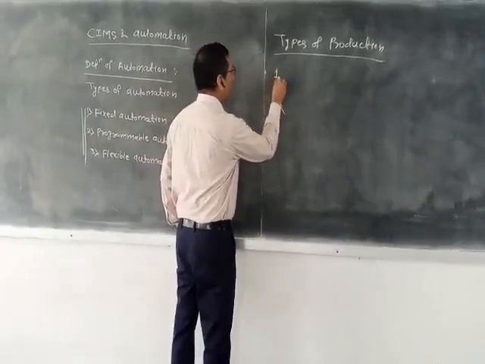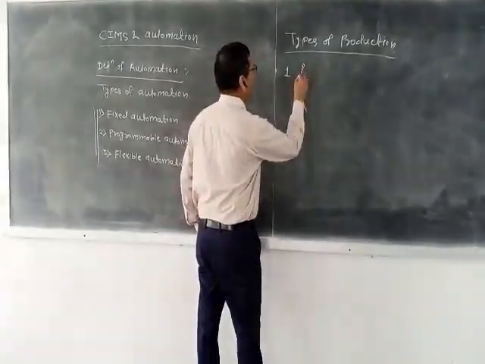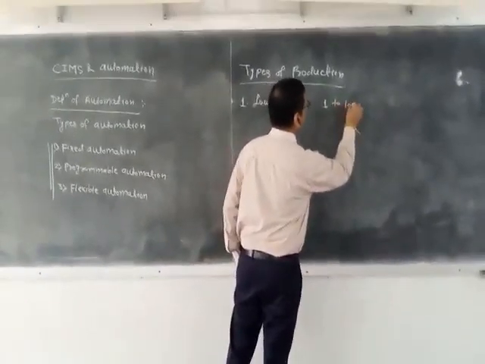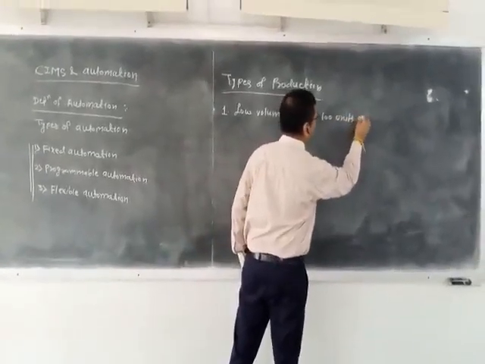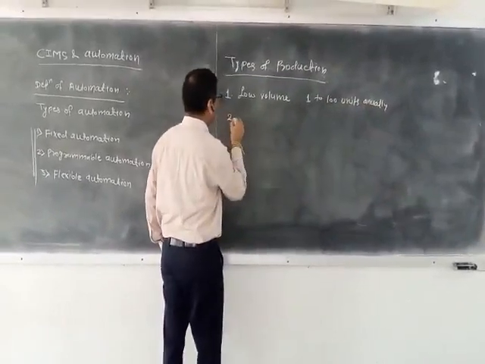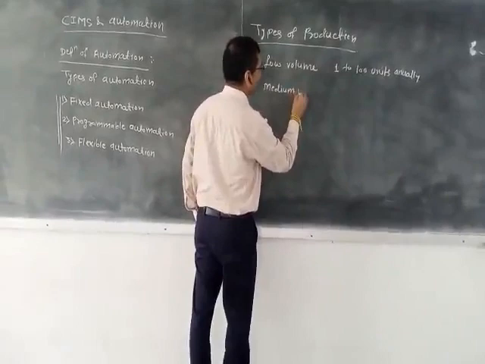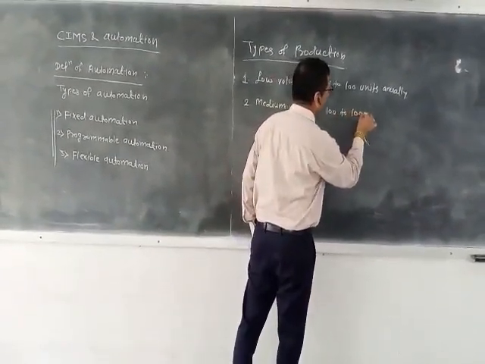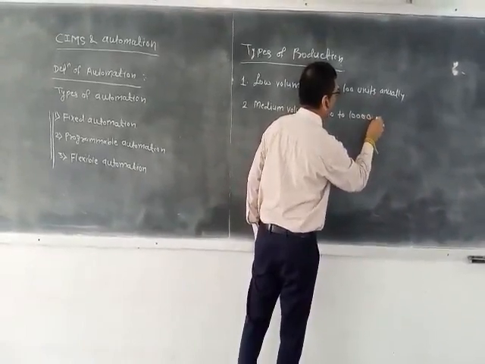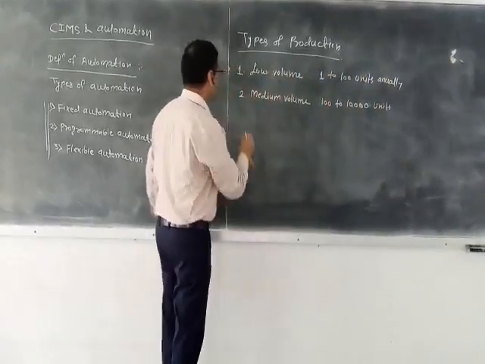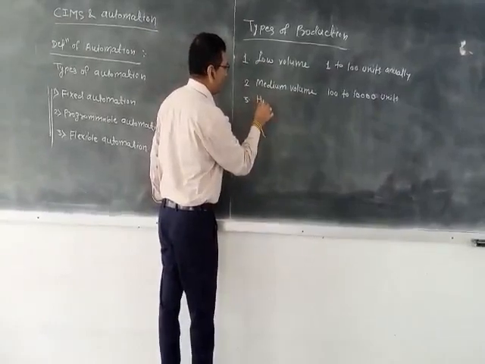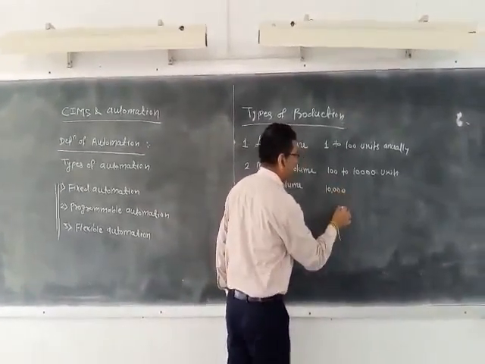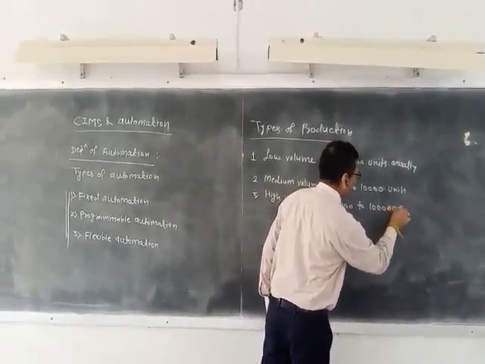Broadly, you can classify production systems as low volume, which is 1 to 100 units annually; then medium volume production, which is 100 to 10,000 units; and high volume production, where 10,000 to millions or lakhs of units can be produced annually.